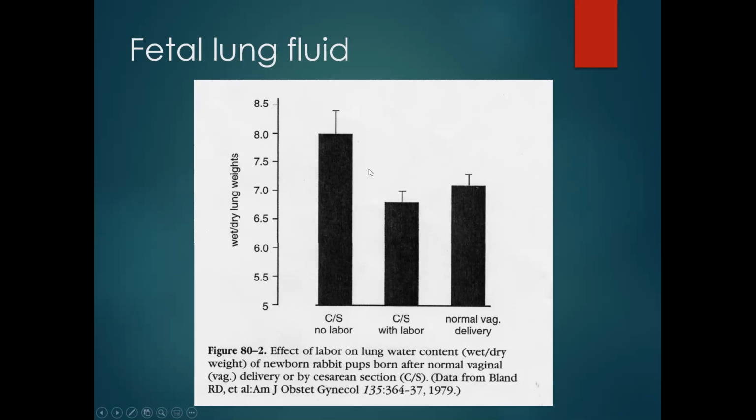They're not as wet, as you can see from the middle bar here. And then the vaginal delivery, that means there was labor before vaginal delivery happened. They're not as wet as the one with C-section with no labor. But the middle and the right bar are statistically insignificant. So this shows that of course normal vaginal delivery will add an extra help, but it's actually the labor that helps clearance of lung fluid.